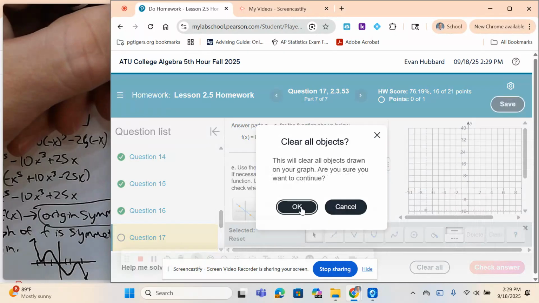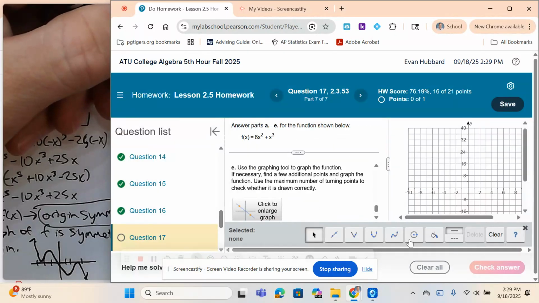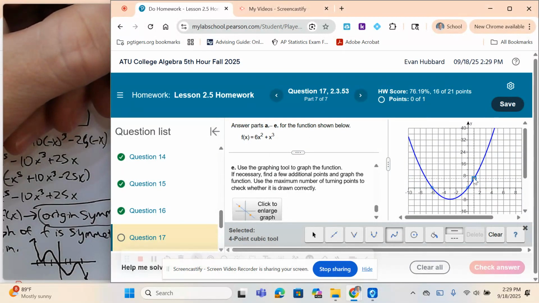Sorry, I keep on messing up. 0, negative 6. I don't know how well it's going to read this. 0, 0, and 1, 7. I'm going to need another point too. It's going to sit like that. So I'm going to need another point here.